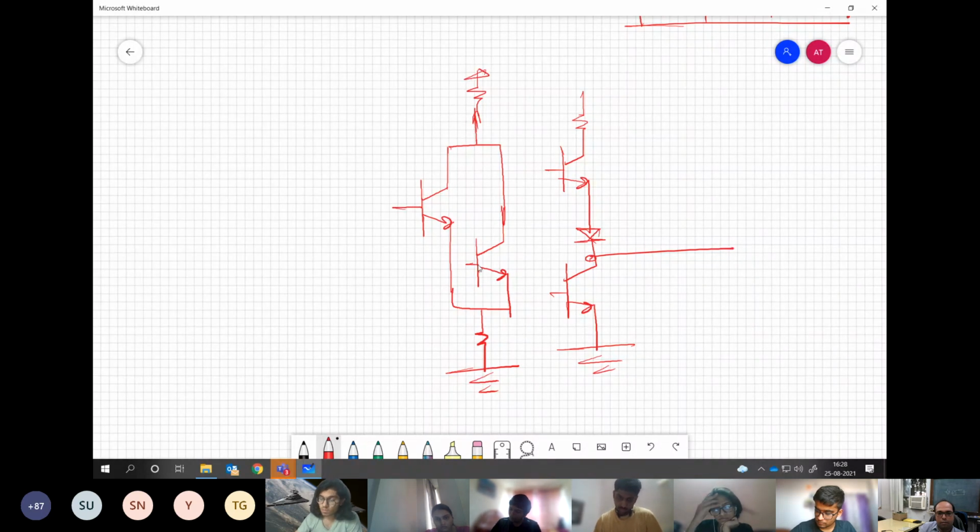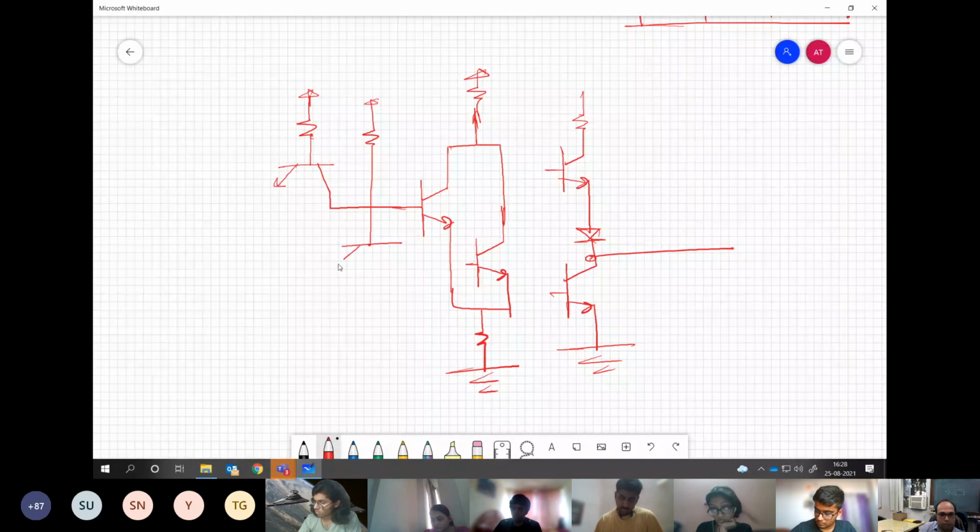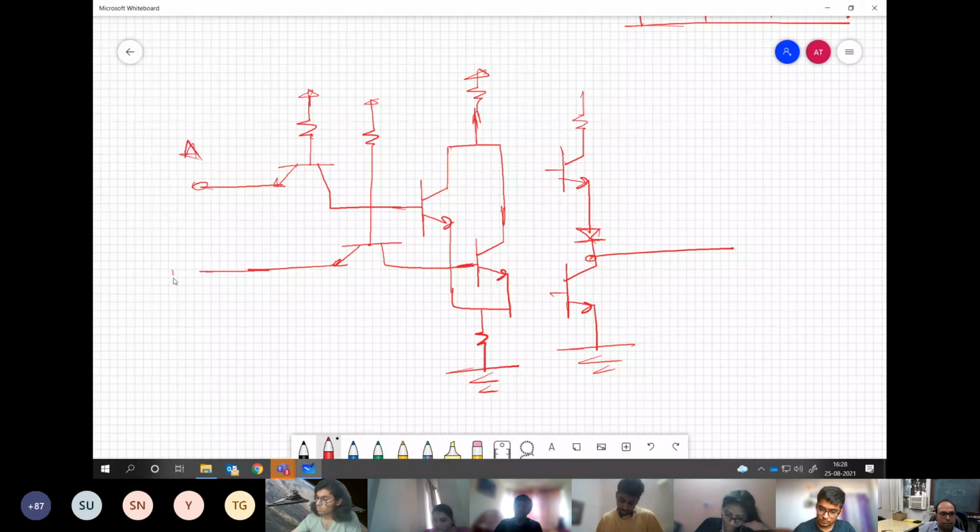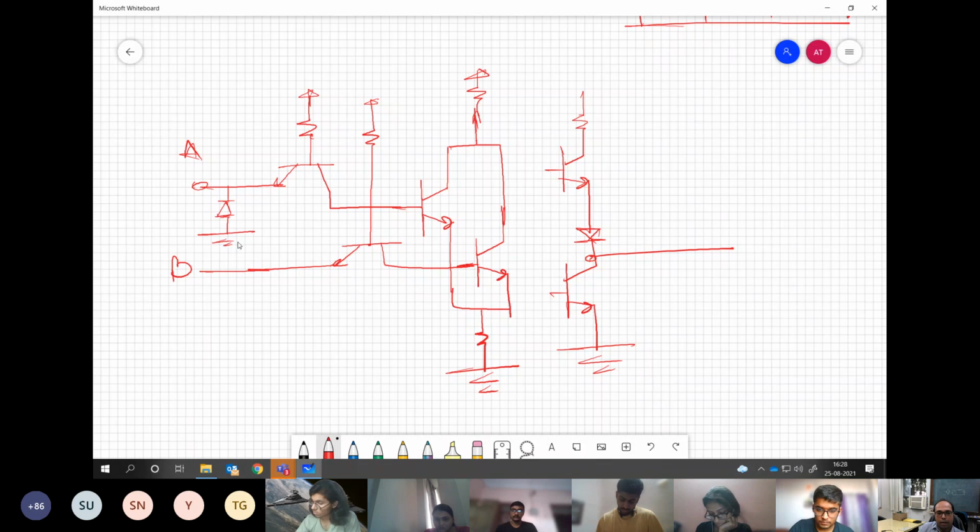And each transistor is driven by a different set of this special transistor. Getting my point? What is happening over here?